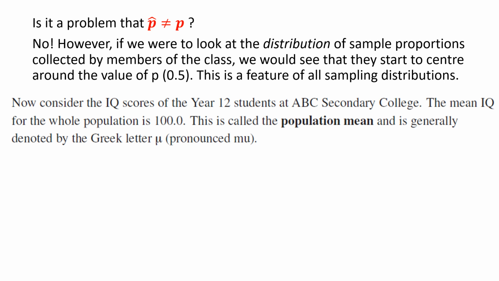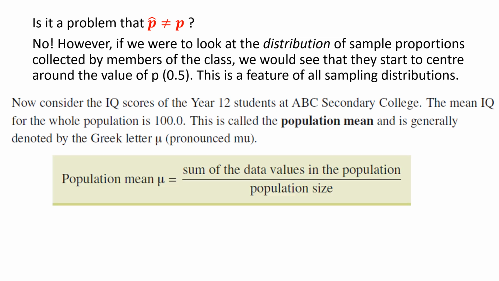Now, IQ testing is always designed to have a mean of 100 and a standard deviation of 15, but suppose that in this particular ABC college, being a typical school, the mean is actually equal to 100. Then we mark that value with the Greek letter mu. That's called the population mean. If we add all their 50 IQ values and divide by 50, the population size, we arrive at the population mean.